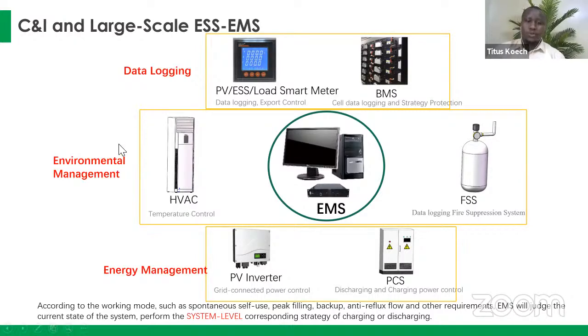We also need to control other factors as well. There is the thermal management system and also the fire suppression system for safety purposes. And also to control the charging and the discharging of the batteries, to be sure that you are able to maintain the charge and also the discharge rate as well.